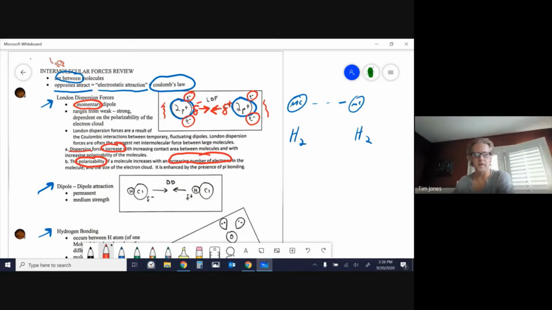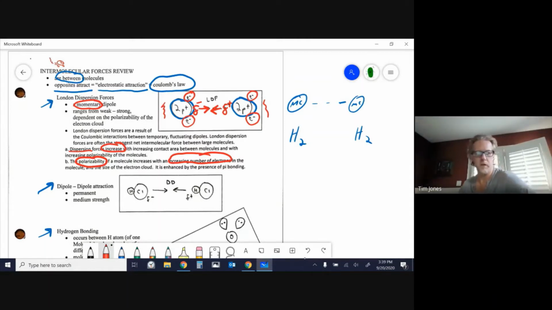So what that means is as you get a bigger molecule, you get more electrons, which means the more electrons can do what has been drawn here more drastically, causing the molecule to be even more strongly attracted to other molecules that have this temporary dipole, or any charge for that matter.